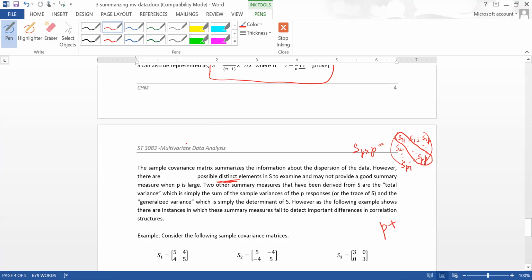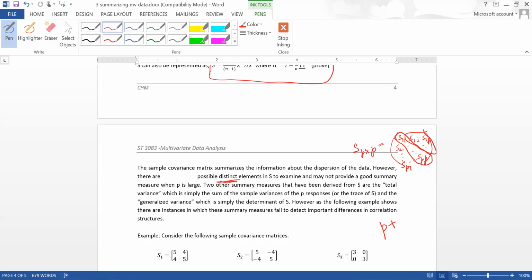No, that's also not correct. Probably this P square plus P over 2. No, that's also not. Okay, so I just got one correct answer, I guess. How come this P plus 1? I don't understand. Anyway, P is the number of diagonal elements, right? Off diagonal, how many off-diagonal elements? That's the question. Altogether, P responses, taking 2 at a time, how many possible values? That's it, right?